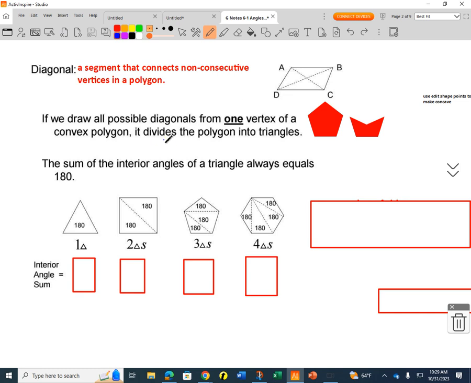If we draw all possible diagonals from one vertex of a convex polygon, it divides the polygon into triangles. This is a concave polygon. We're not really too concerned with concave polygons, but since they used that in the definition, I thought it might be interesting to see. That's a convex pentagon, and this is a concave polygon.